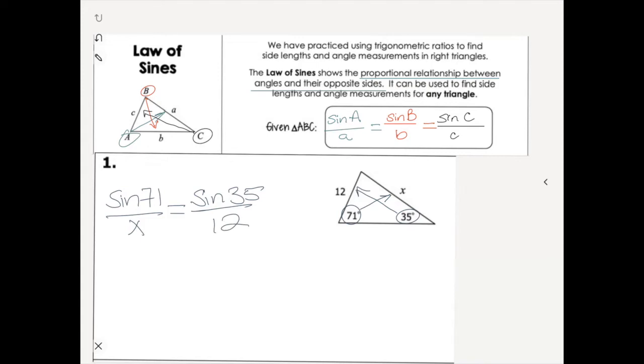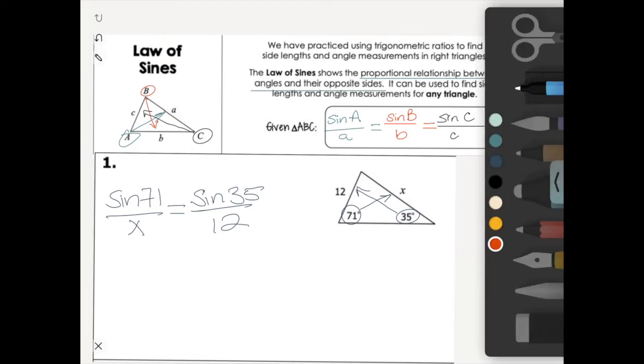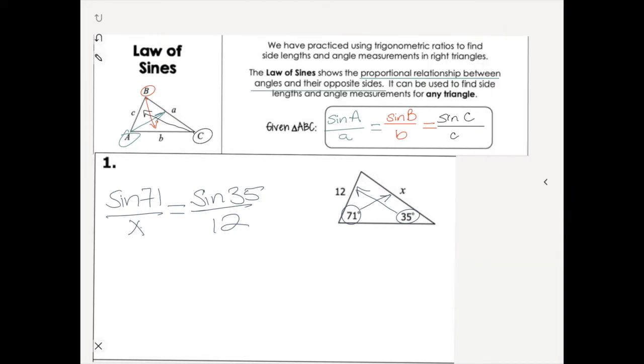Now we need to solve for x, and right now we have it in a proportion. So in order to solve for x, we are going to cross multiply. So x times the sine of 35, and then 12 times the sine of 71. So we're going to say x times the sine of 35 is equal to 12 times the sine of 71. We need to get x by itself. These are being multiplied.